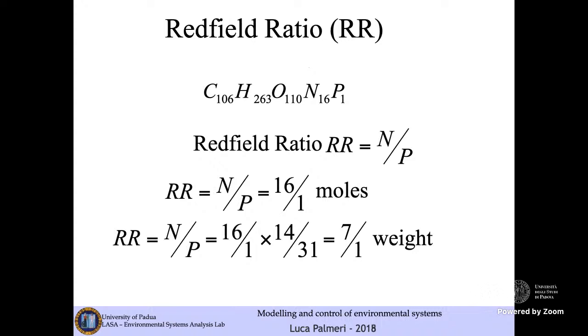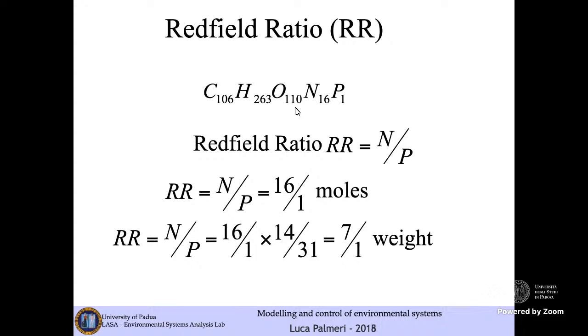A way of putting numbers into this consideration is that of converting the fixed stoichiometry model, the one that tells us that in organic matter we have 1 atom of phosphorus, 16 atoms of nitrogen, 100 atoms of carbon, 110 atoms of oxygen, and more than 260 atoms of hydrogen, into computing the Redfield ratio.